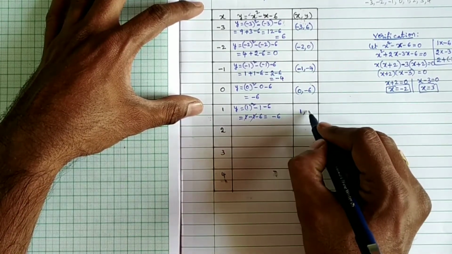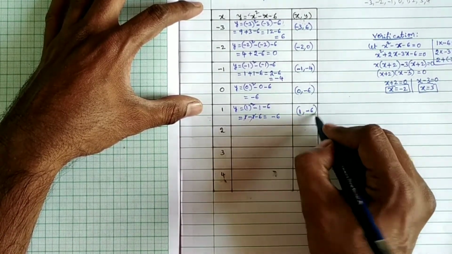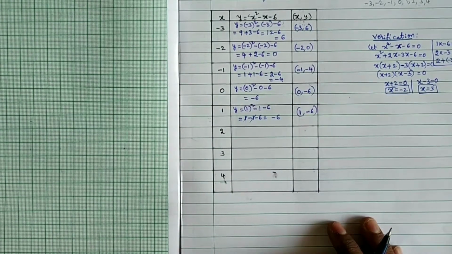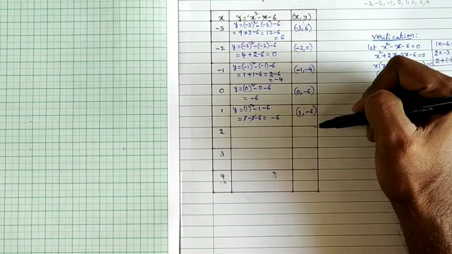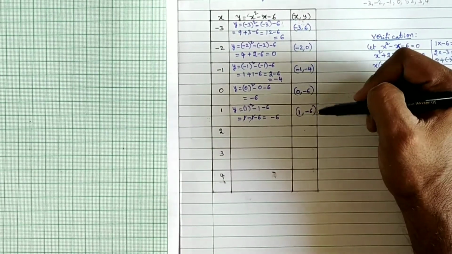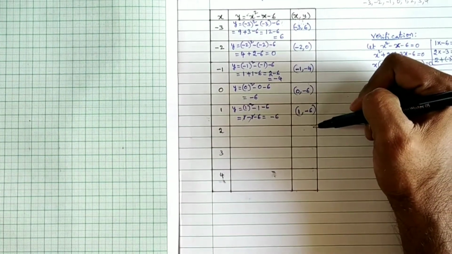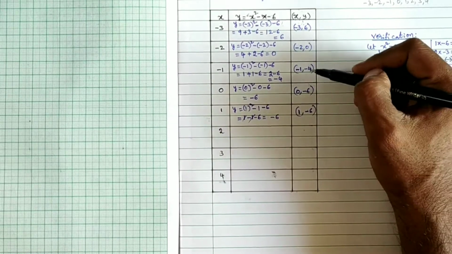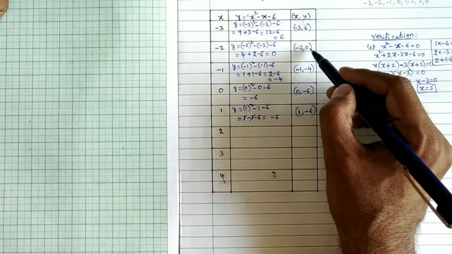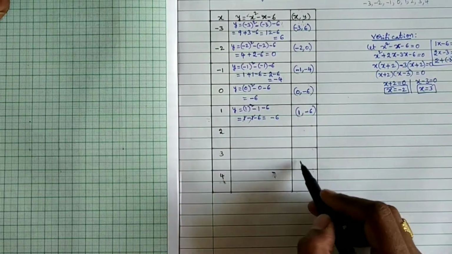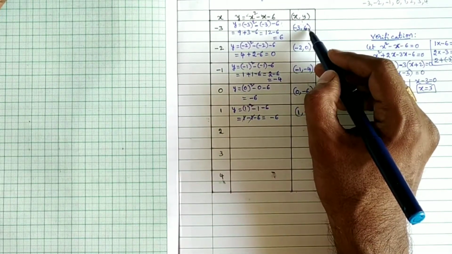So the point is 1 comma minus 6. We observe these points of the values of y, after some time it will be repeated. So after minus 6, we can guess the next value of y is minus 4. And for 3 we will get 0, and for 4 we will get 6 in the place of y.